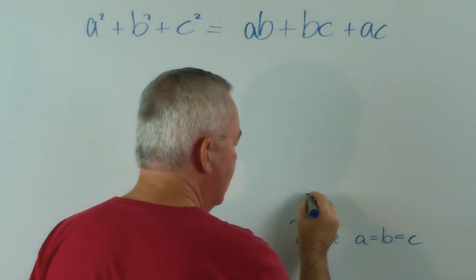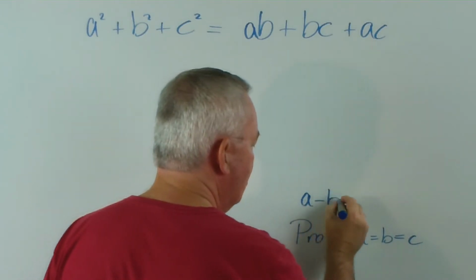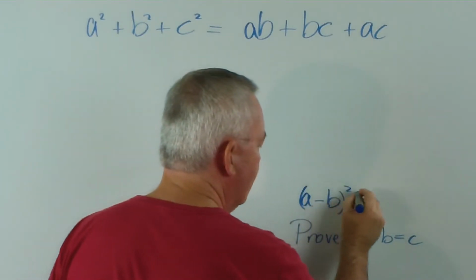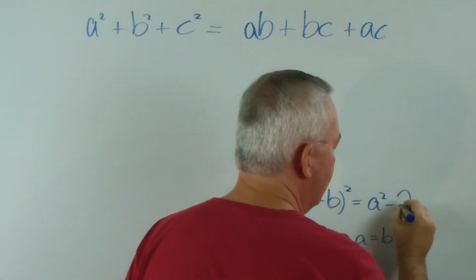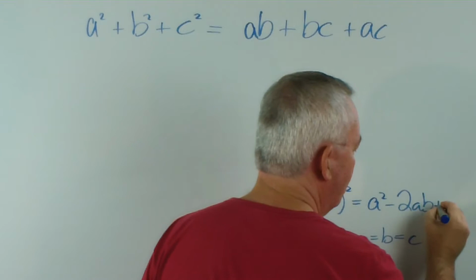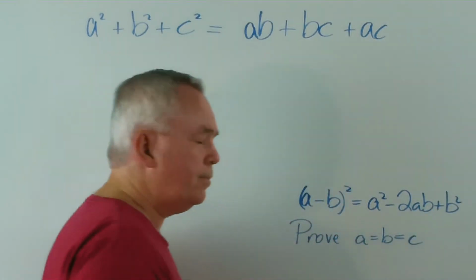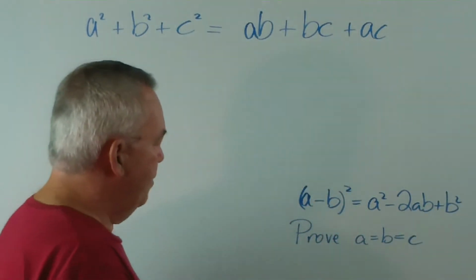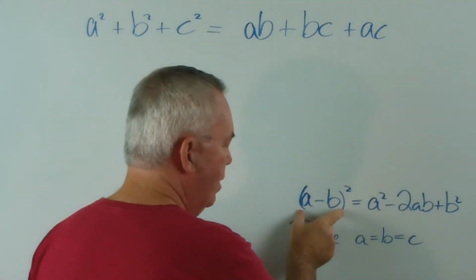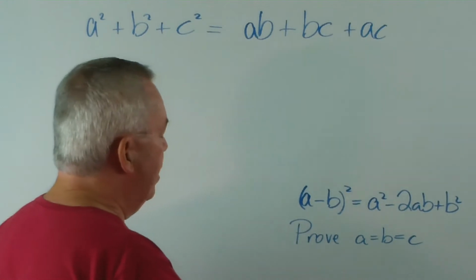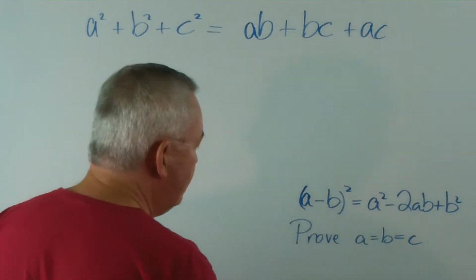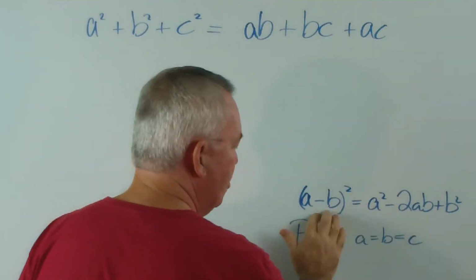And it's this theorem, that a minus b squared is a squared minus 2ab plus b squared. This is called a perfect square, where we have some expression multiplied by itself, and this is quite a common expression to learn.